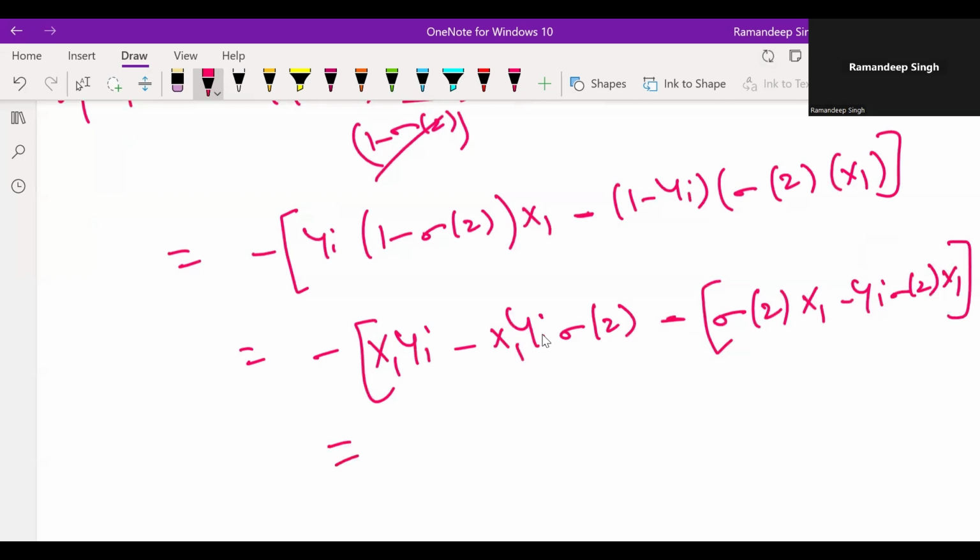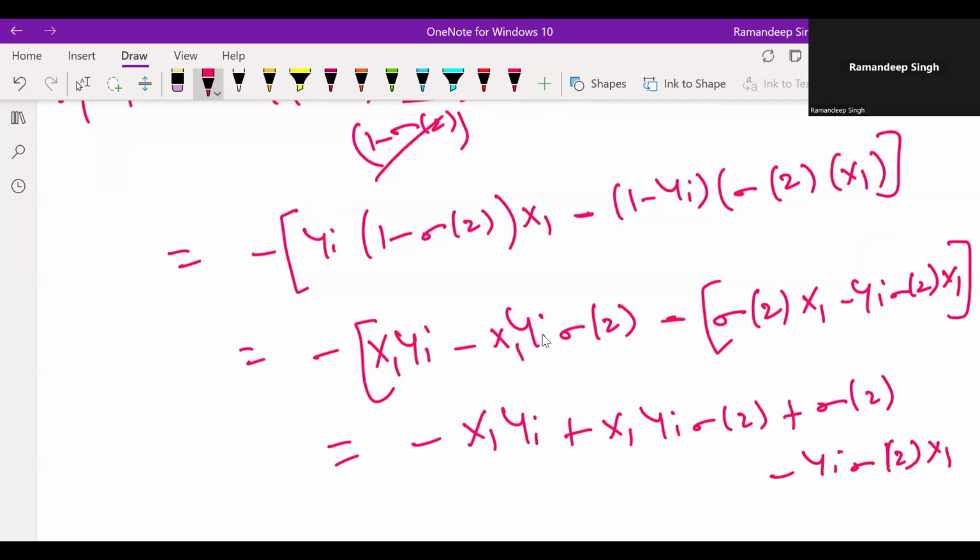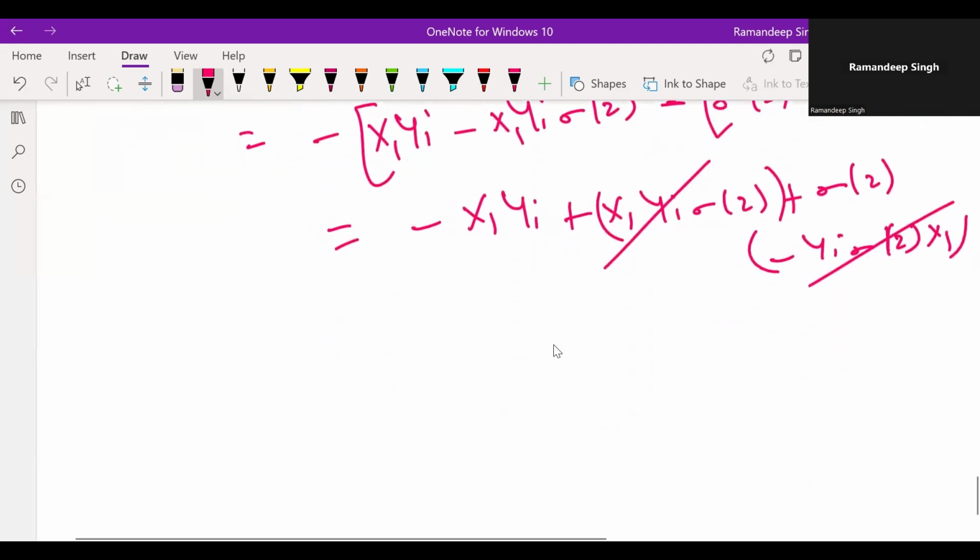If I send the negative sign inside, minus x1 yi plus x1 yi sigmoid of z. There's this minus and minus plus sigmoid of z, minus yi sigmoid of z x1. So these two terms will cancel out, and I will be left with negative x1.